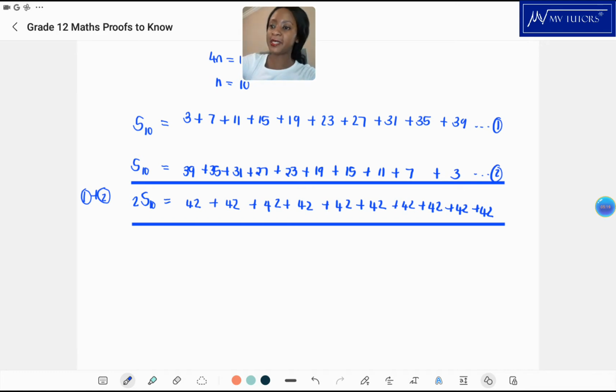So now we basically have 2 times the sum of the 10 terms, which is equal to 10 times 42, because there are 10 42s. Yes. So now, if I were then to divide by this 2, I would get 10 over 2 times 42.